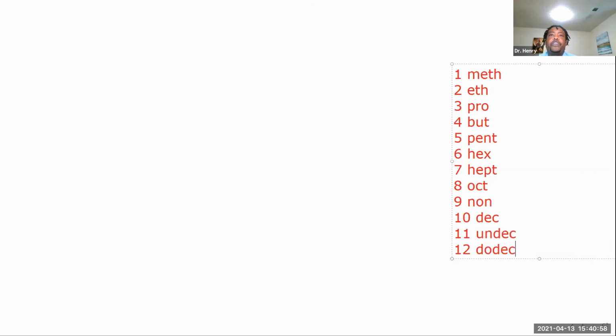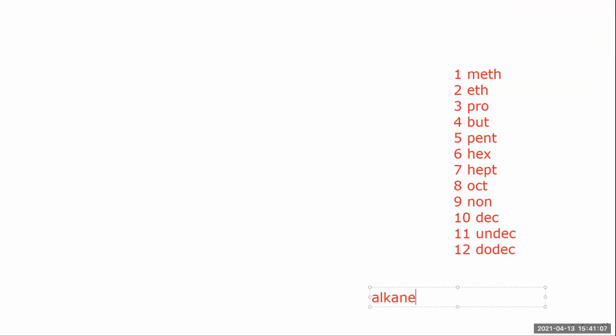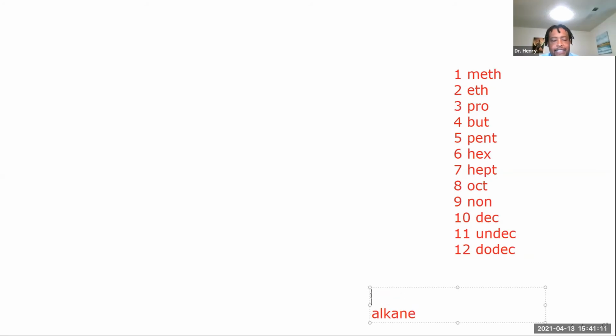At the very bottom so far we have alkanes. Above it, it's alkynes. And above those is alkenes.